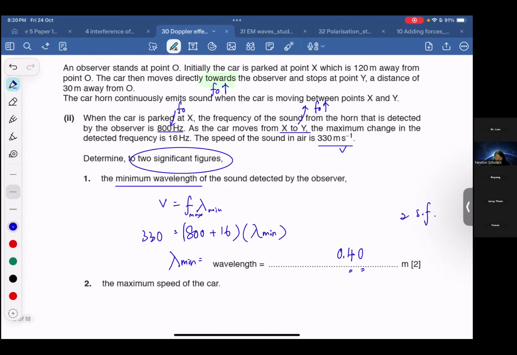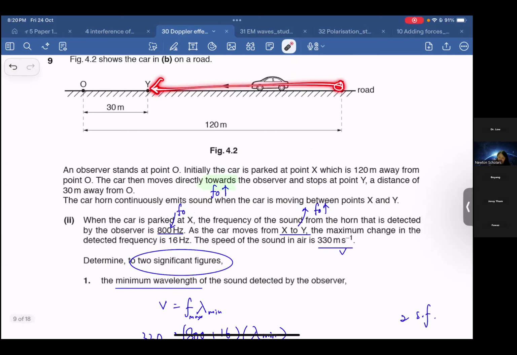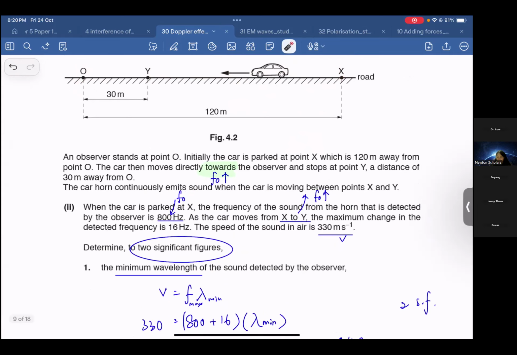Prasan, for this question, it's moving from X to Y and you are standing here, so it's actually moving towards. If towards, your observed frequency should get higher. They tell you that at point X my observed frequency is 800 Hertz.